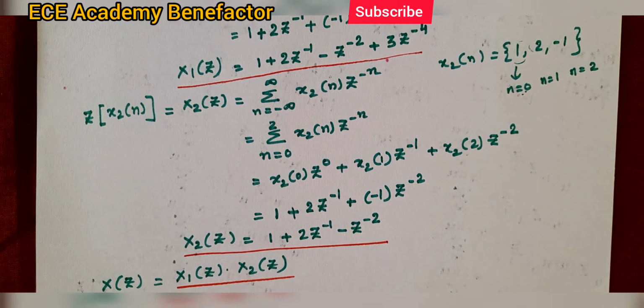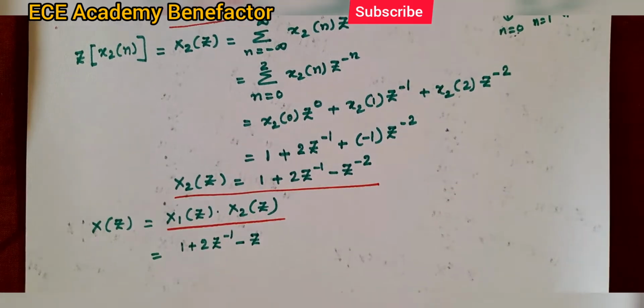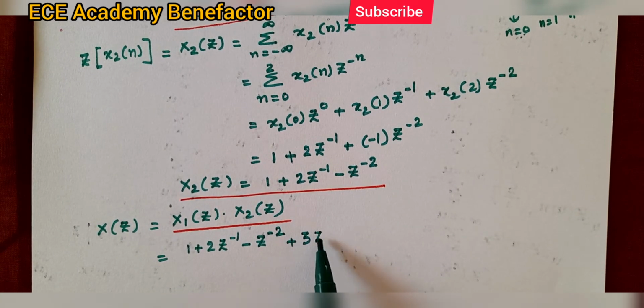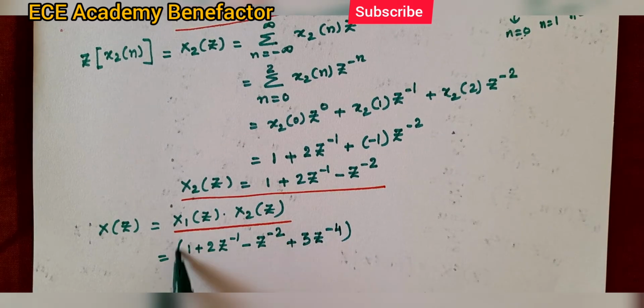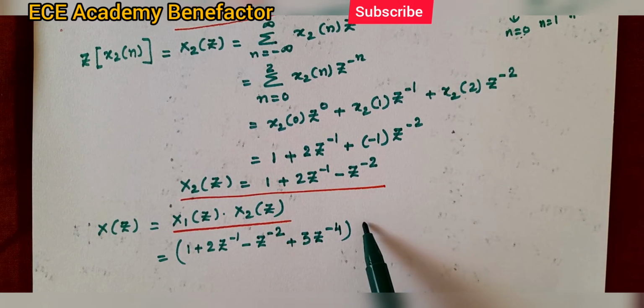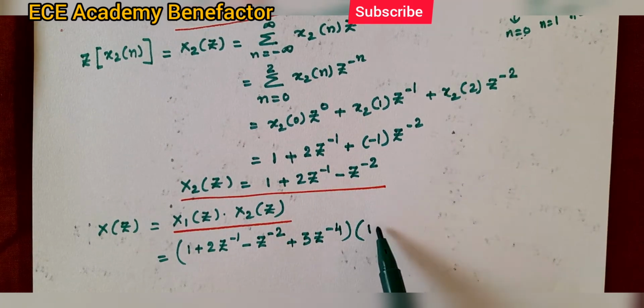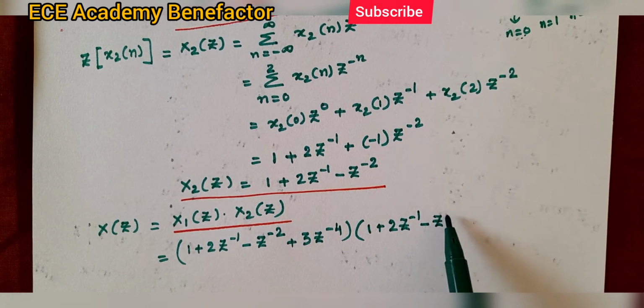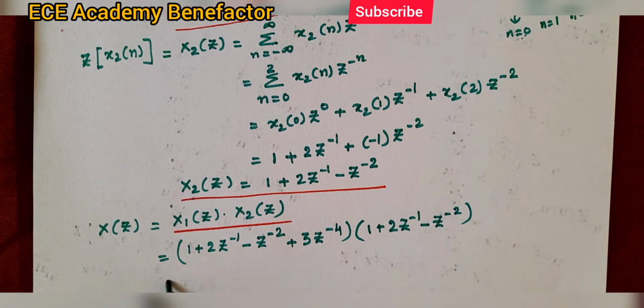Substitute here and multiply them. So it will be 1 plus 2z to the power minus 1 minus z to the power minus 2 plus 3z to the power minus 4. This is x1 of z. x2 of z is 1 plus 2z to the power minus 1 minus z to the power minus 2.